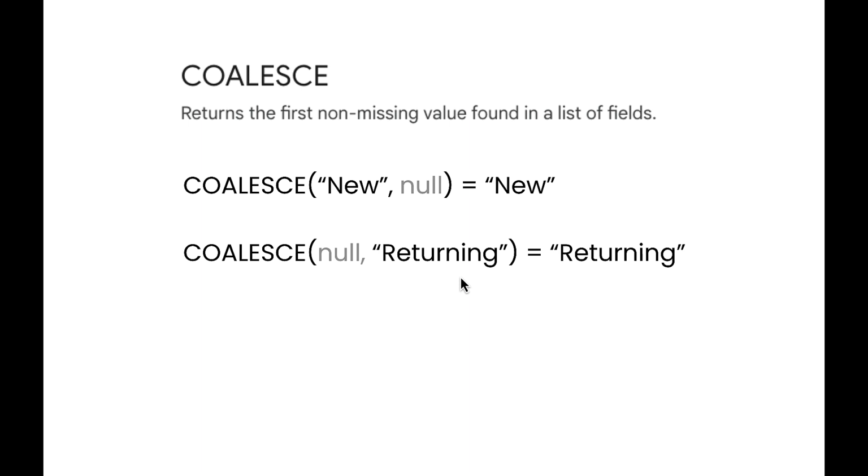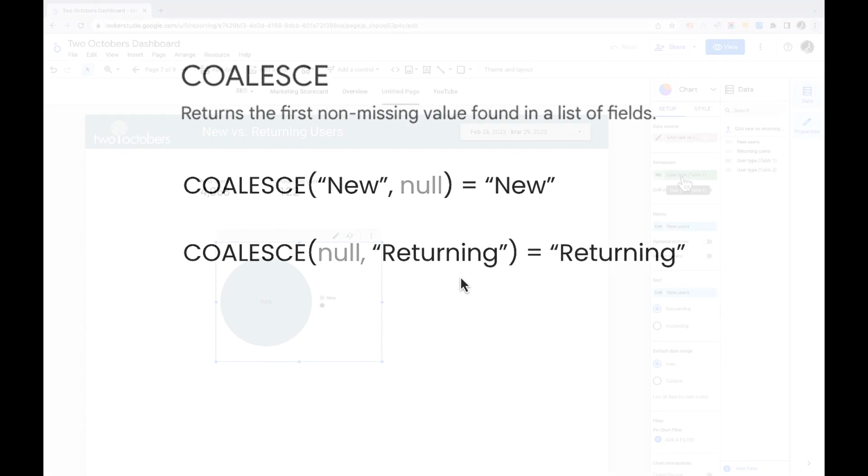And because it has a value, it'll always return that. Now, there is no circumstance where both the left and right tables will have a value because we're joining on a field that never matches. On the left table, it's always new. On the right table, it's always returning. So in a row where the value in the left table is null and the value in the right table is returning, it's going to return returning.